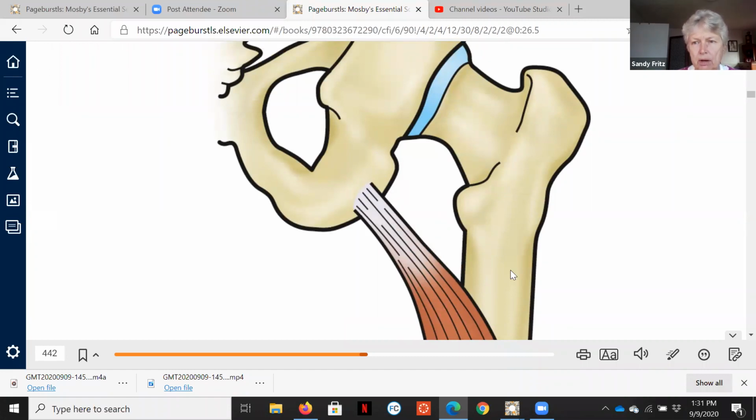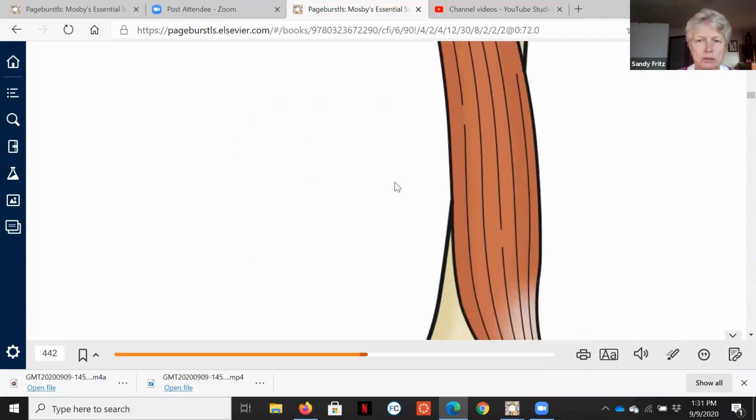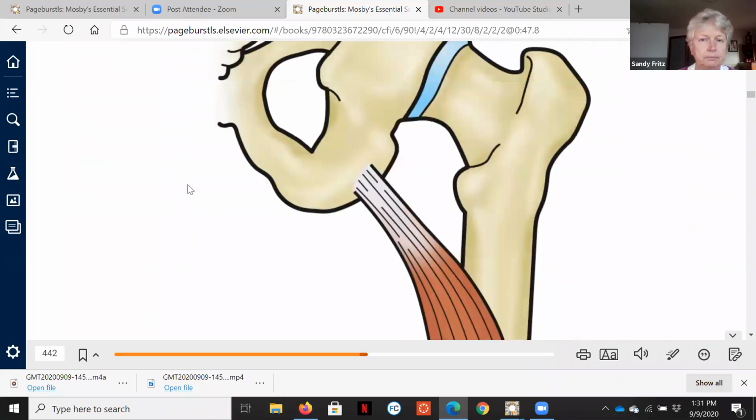So that's why it crosses two joints. It can work at the hip, and it crosses below, comes over here on the fibula, so it can pull at the knee too. It works two joints. That means it's a global muscle.